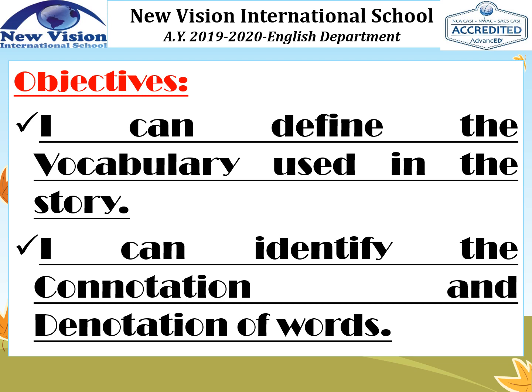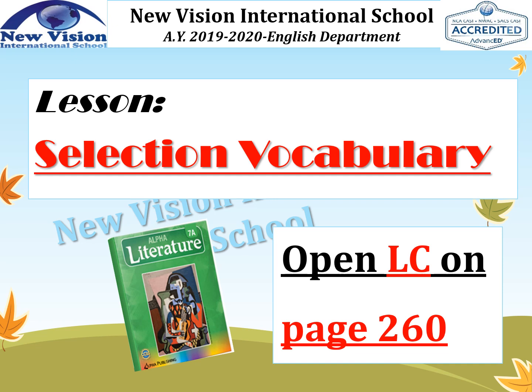Our learning objectives for this week's lesson on vocabulary will be these. First, I can define the vocabulary used in the story, and I can identify the connotation and denotation of some words. You'll have first your selection vocabulary.